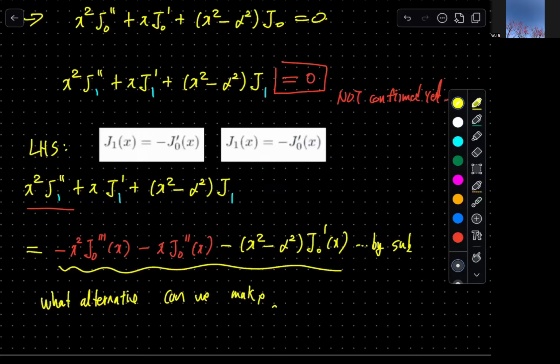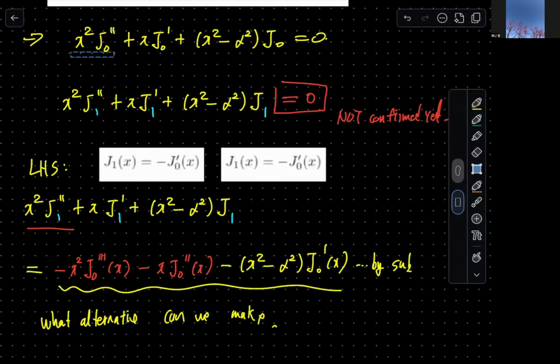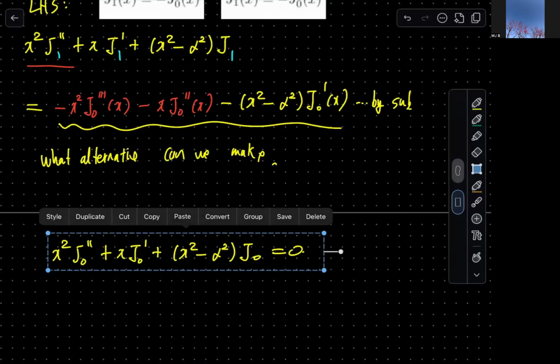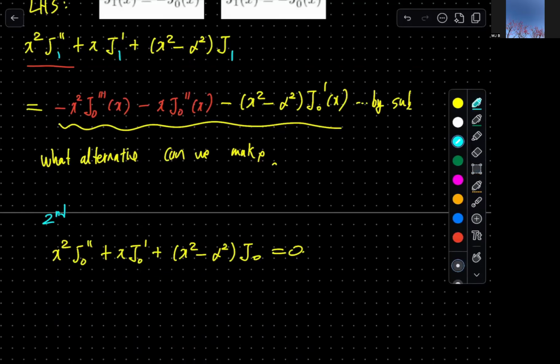But you can introduce the derivative by directly differentiating. Again, let me repeat, I only used the substitution. But I know I can differentiate the original form of J0 to get J1. So if I now go back to the equation that I had, the second version of the equation in terms of J1, I'm going to differentiate this.